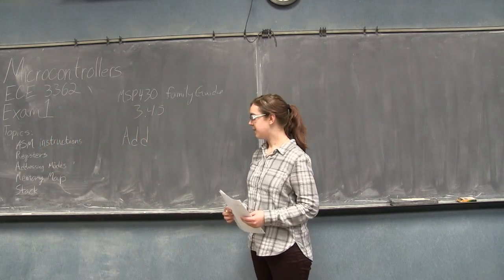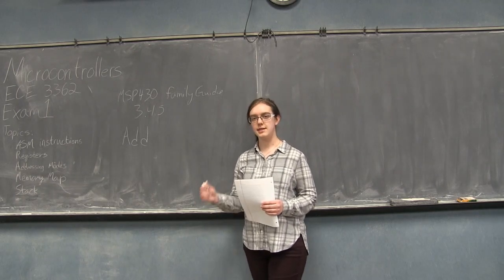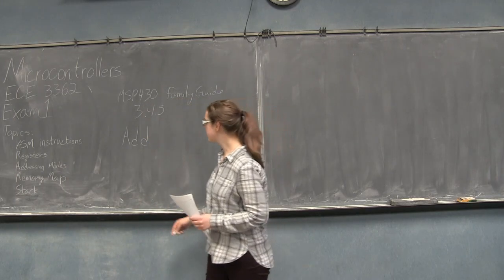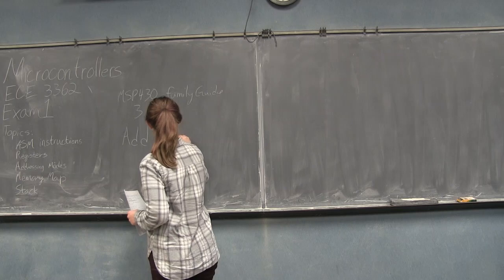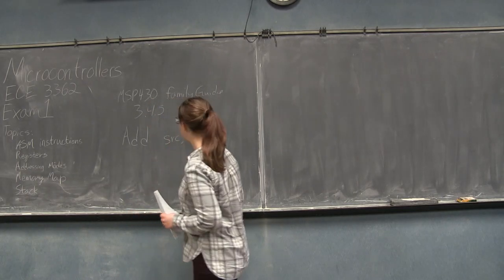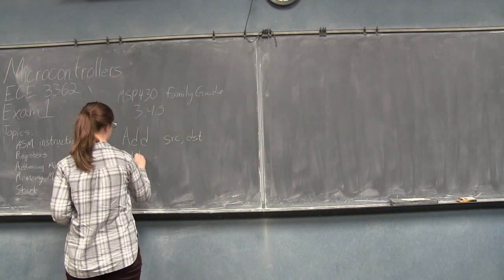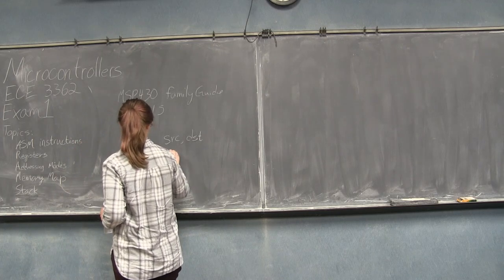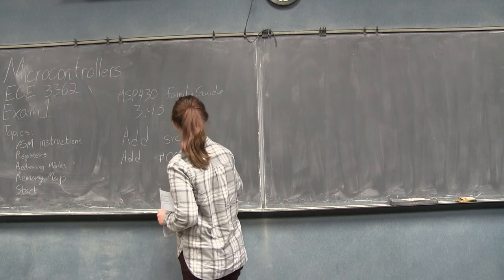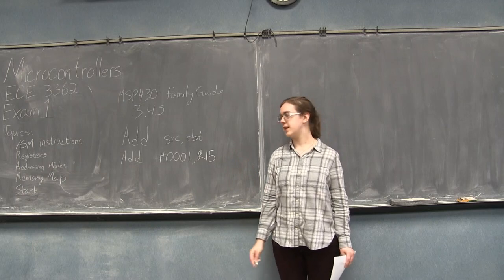So in assembly, you have instructions, and each instruction either has a destination or a source and a destination. So there's either instructions like this, which have a source and a destination, like this instruction, where you add 1 to R15.